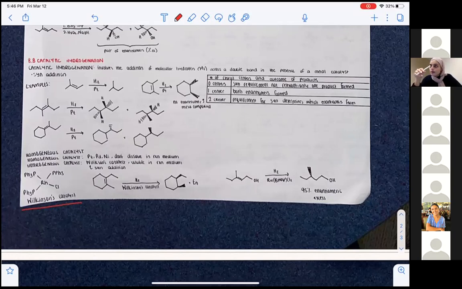because I'm trying to remember. I think I got tested on this when I was in Orgo 1. I'm trying to remember if I was in Orgo 1 or Orgo 2 when I had to know this.